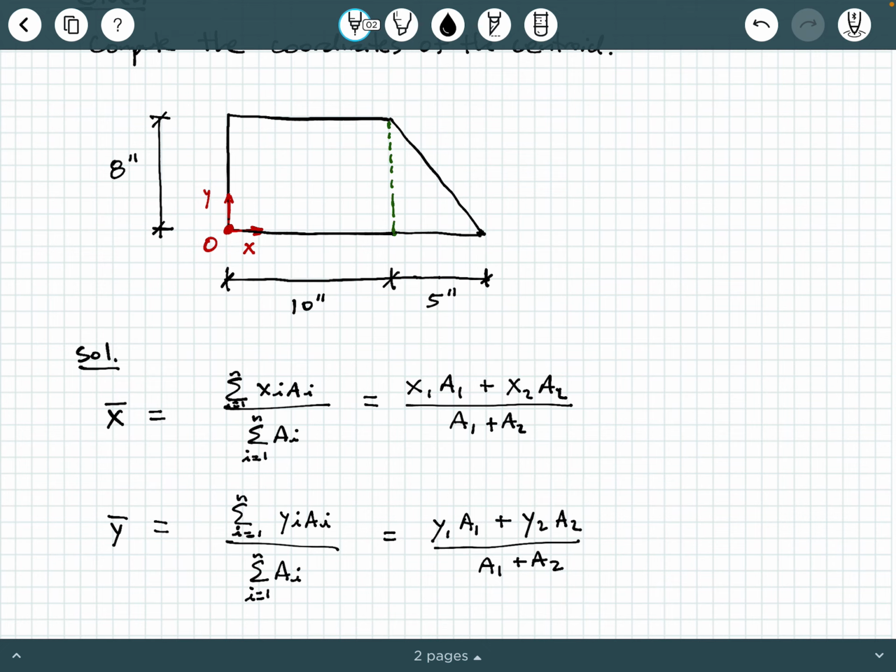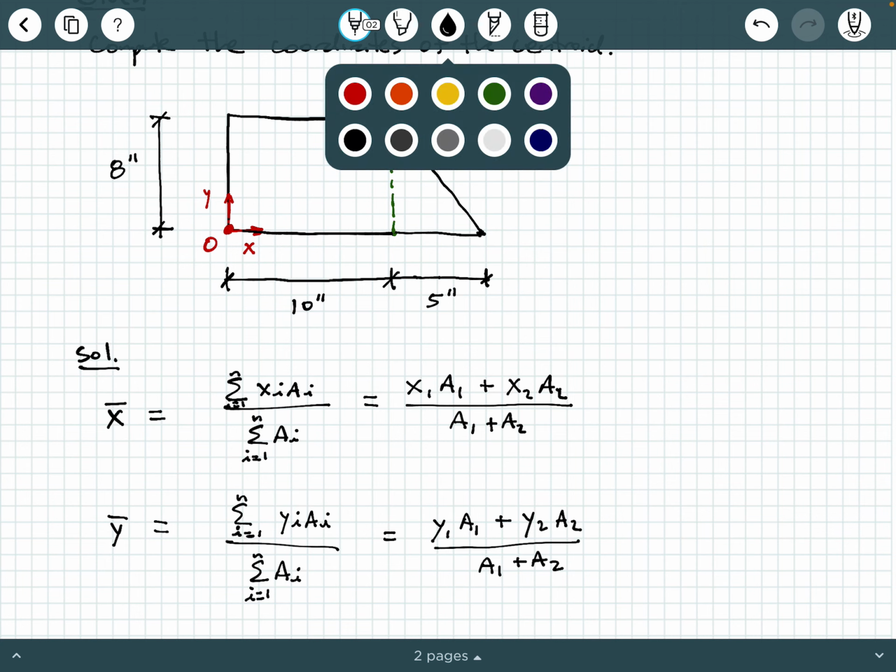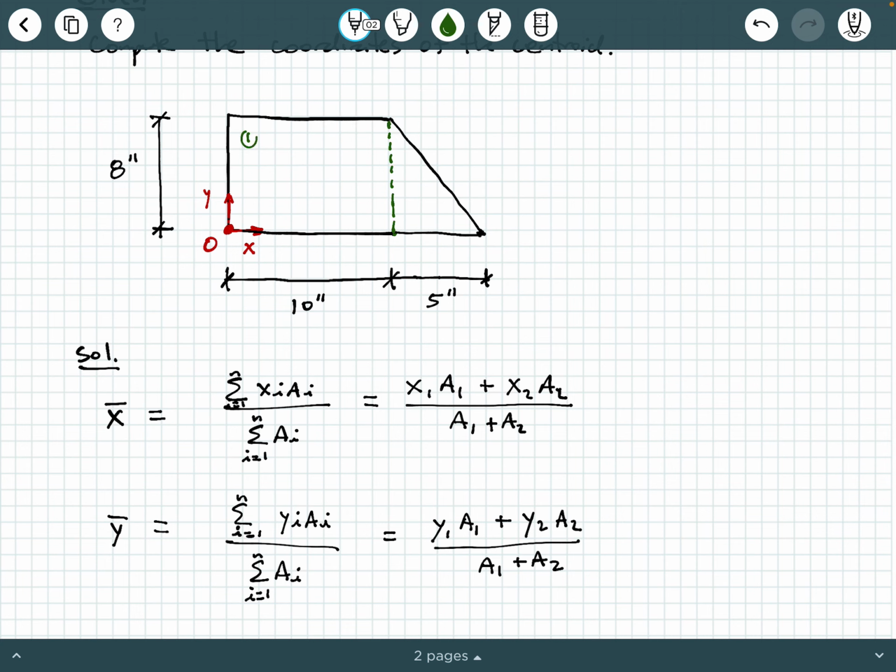Now, what we need to find is all of these components. The areas A1 and A2 are going to come from the two different smaller, simpler shapes. So I'm going to call the rectangle part 1 or shape 1, and the triangle part 2 or shape 2.